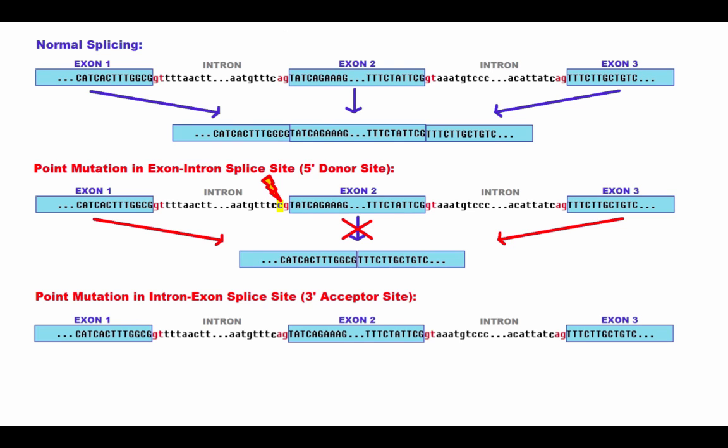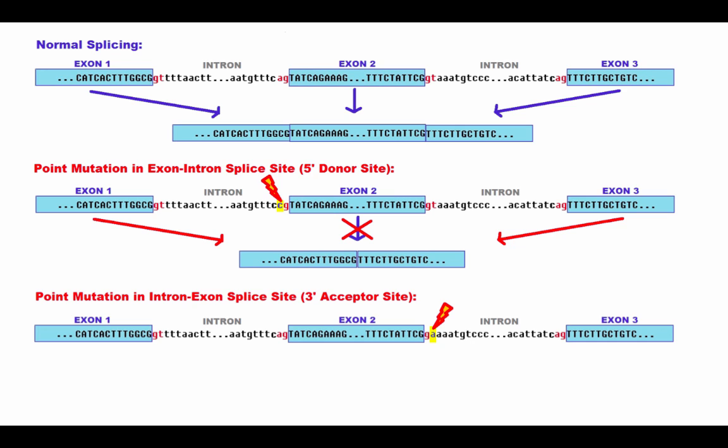So also on the animated sequence here, we see that the second point mutation results in the elimination of the intron exon splice site, or the 3' acceptor site. So here we have the 3' acceptor site, GT, and we see the lightning bolt takes out thymine and turns it into adenine.